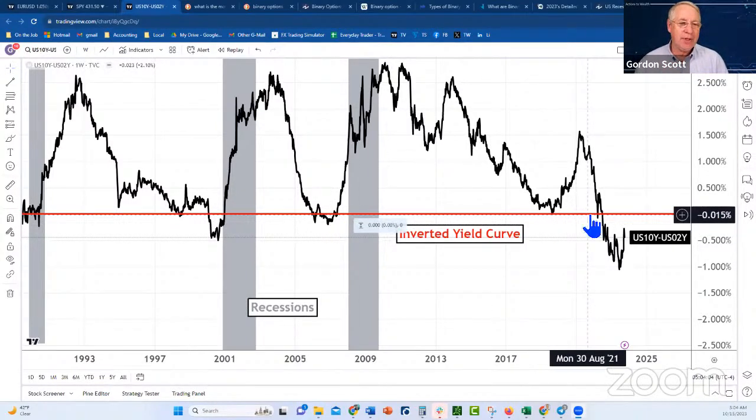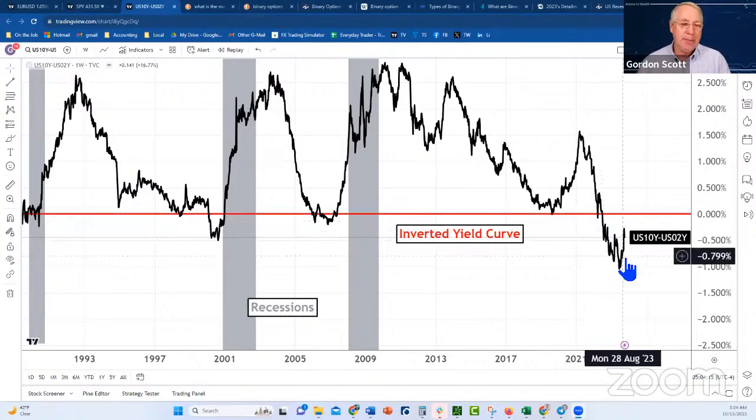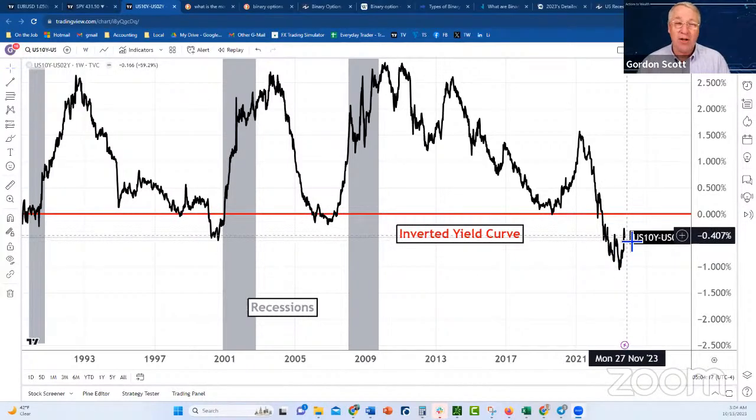So that's part of the reason you see it this way. But this inverted yield curve that we have seen beginning in the summer of last year, so we've been inverted for more than a year now, is the deepest and longest, I think, on record, going back for probably 100 years.